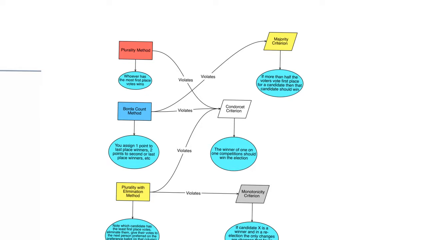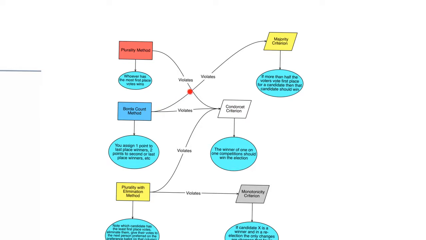And let's look at the Borda count method, where you assign 1 point to the last place candidates, 2 points to the second to last place candidates, and 3 points to the next up in line. The Borda count method actually can violate the majority criterion and the Condorcet criterion.